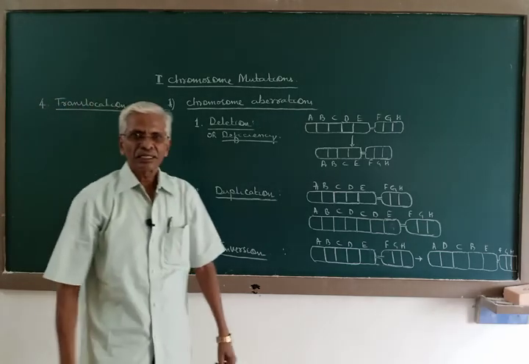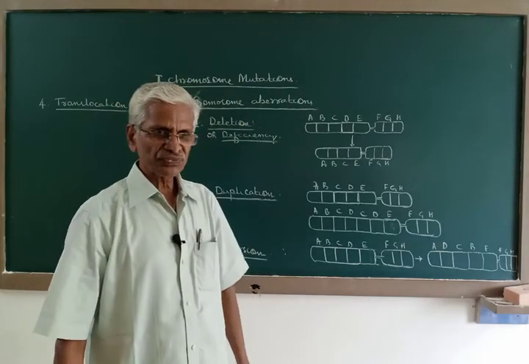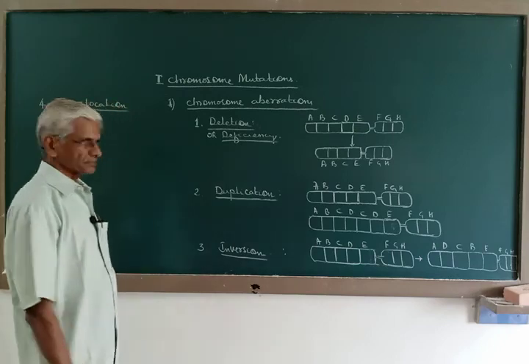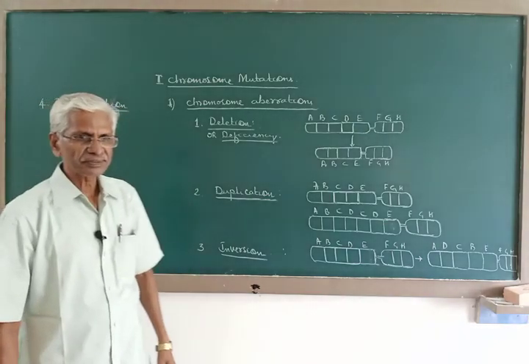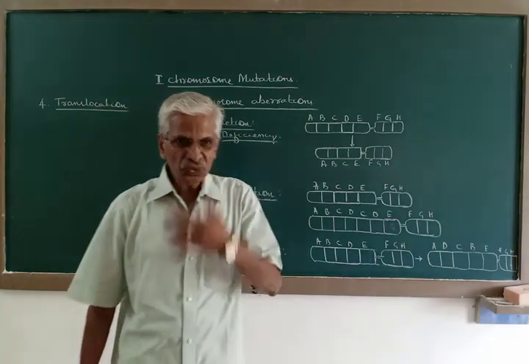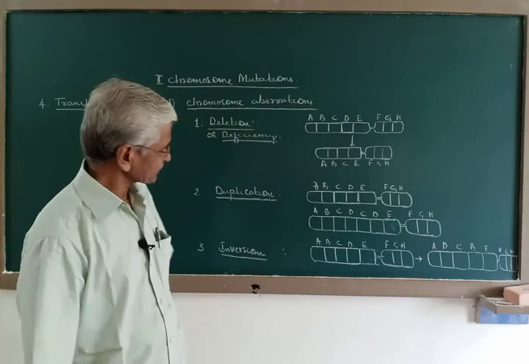Translocation, another form of chromosome aberration. In this type of chromosome aberration, two chromosomes are involved, two chromosomes are concerned.